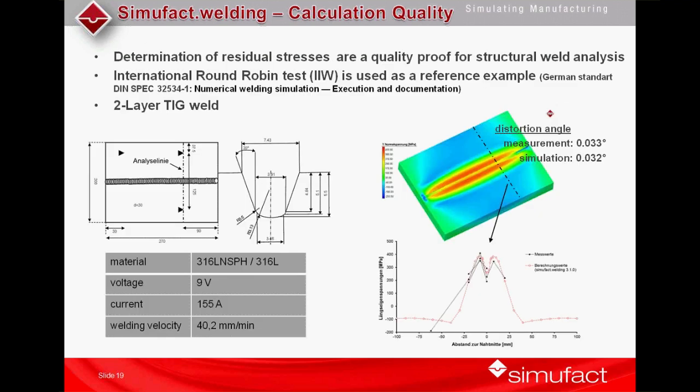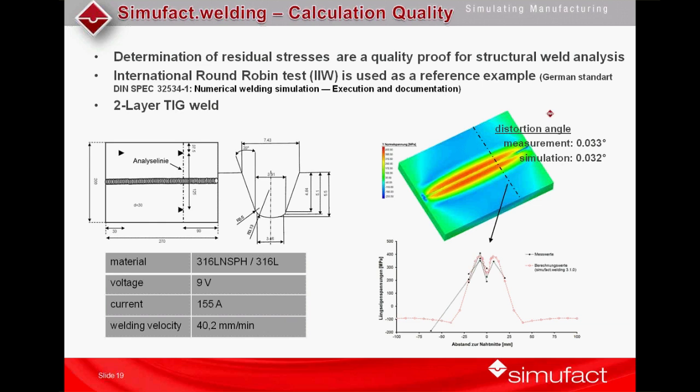Second example is from an international round-robin test in Germany. This was a plate where a groove was ground, and then 2 layers of a TIG weld were deposited in the groove, and then distortions and residual stresses were measured.